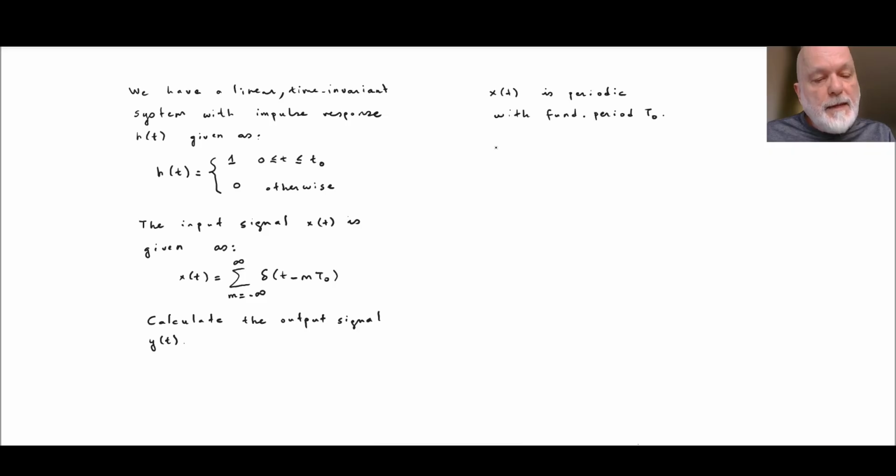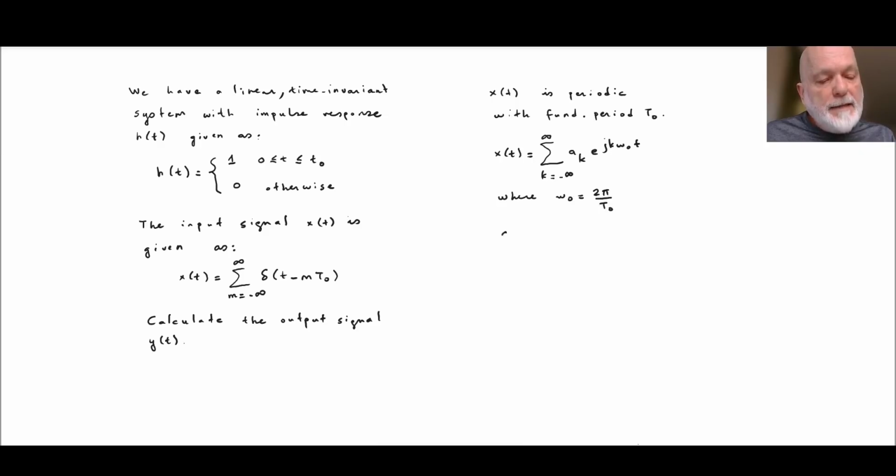So x of t has the Fourier series representation given as follows: the sum over k from minus infinity to plus infinity of a sub k e to jk omega 0 t, where omega 0 is related to the fundamental period by means of this expression.